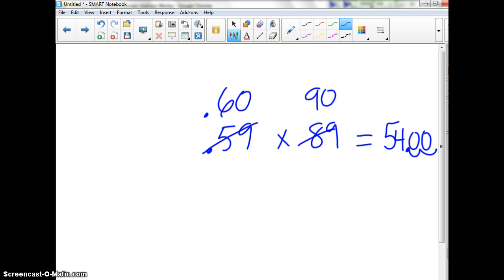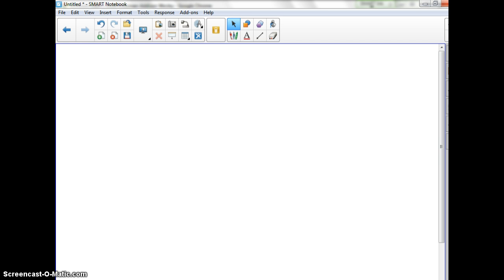So final answer is just plain old boring 54. Good work. Now, if you change this to a 0.6, then your answer probably looks something more like that, which is the same thing. Of course it's the same thing. Roadrunner. Nice job. All right, here we go.